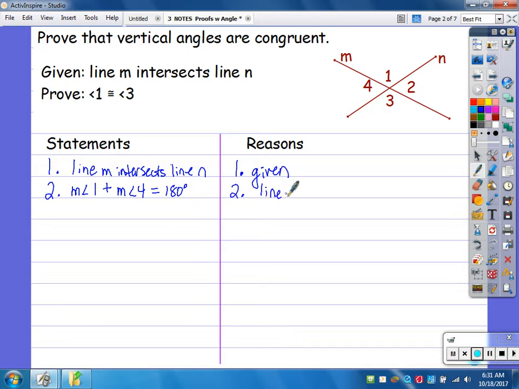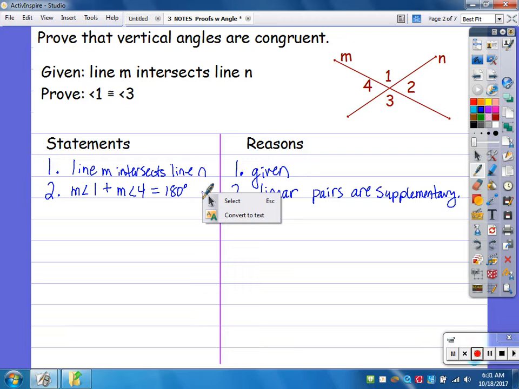Or I could say linear pairs add to 180. All right, so, whoops, I put an S on linear. Let me fix that. All right, so linear pairs are supplementary. So that's my reason for saying that angle 1 plus angle 4 is equal to 180.